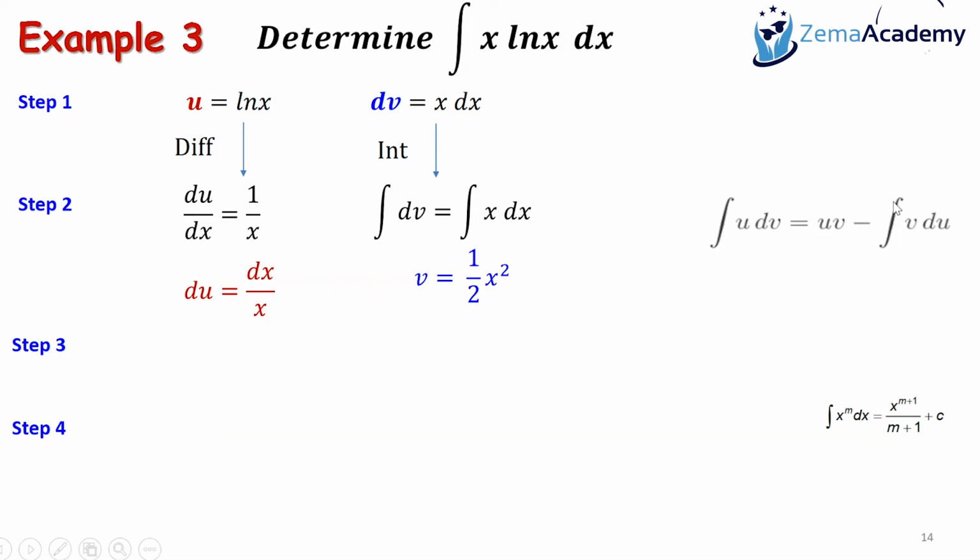So now you can see that I have found all the terms in the standard formula, and I can place all these values in the formula because now I have got u, I have got v, I have got du, and I have got dv. So I've got all the four values. I can substitute in the standard formula.